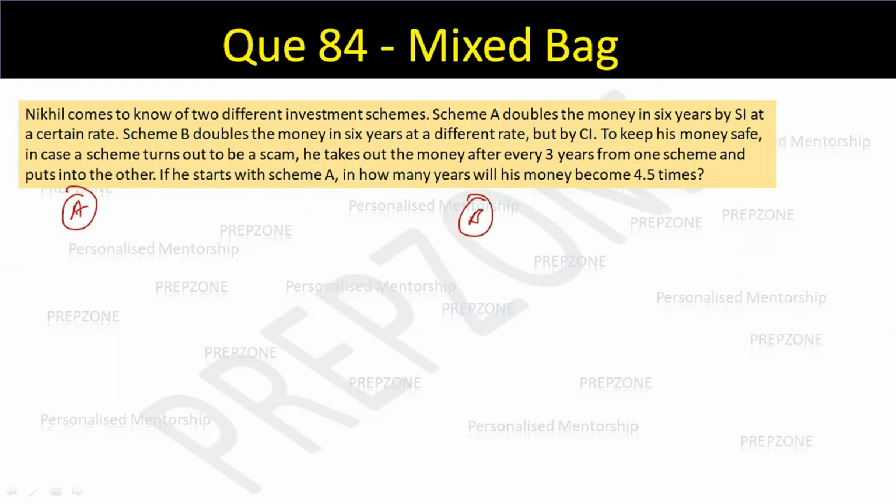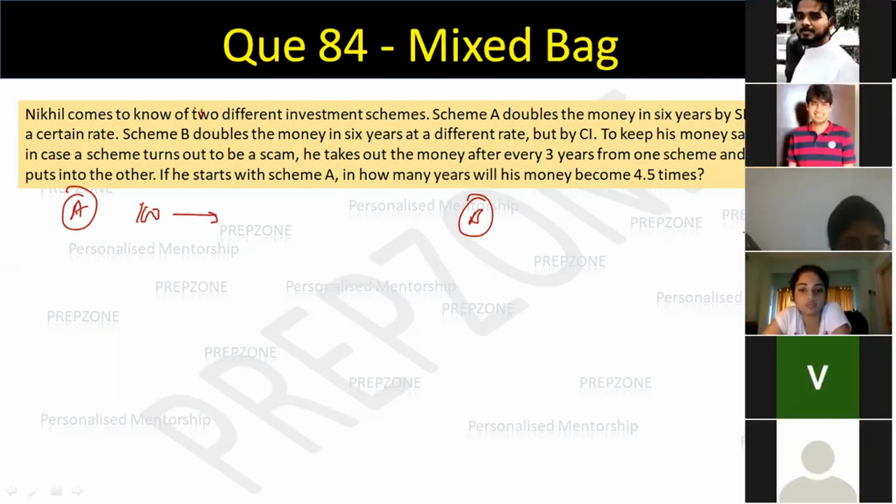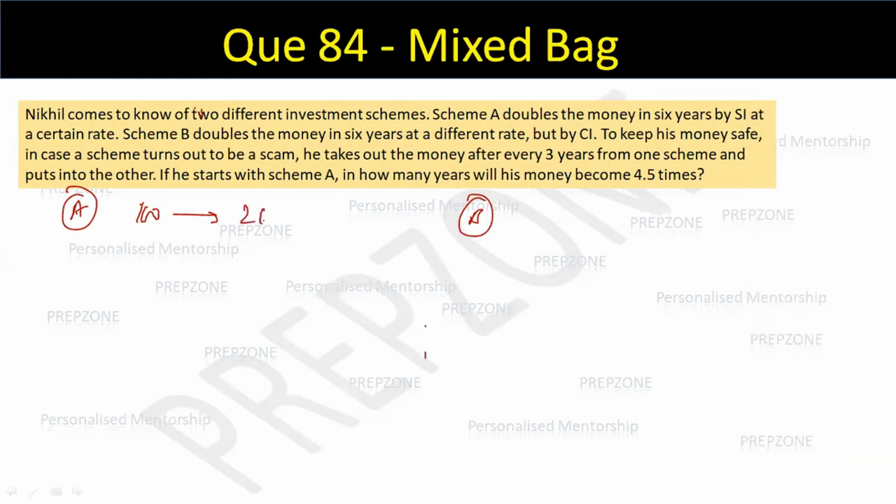What is happening in scheme A? Scheme A doubles the money in 6 years. Say for example you invested 100 rupees, then in 6 years the money doubles, so it will become rupees 200 after 6 years. Then scheme B doubles the money in 6 years at a different rate but by compound interest.